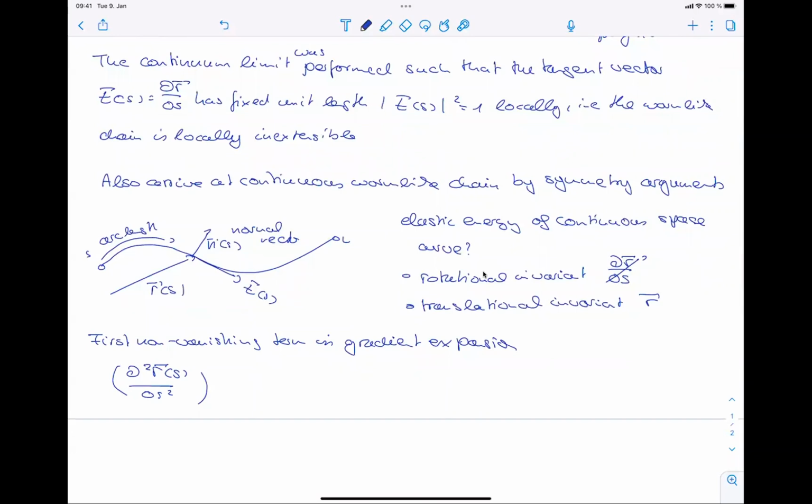And just to rest assured that this makes sense, also from the field theoretic approach, not based on symmetry arguments, but actually on the relevant field theory here, namely elasticity theory. So also from classical elasticity theory, this is the energy of an elastic rod.